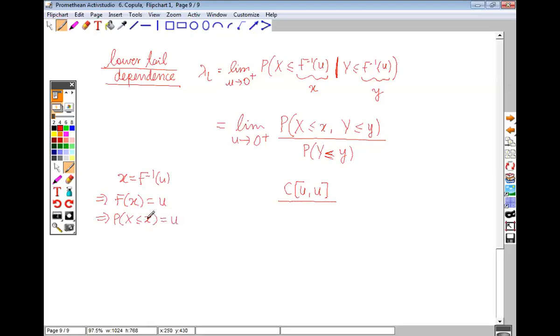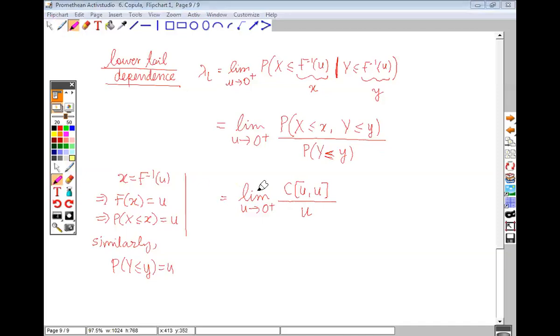And the same is going to be true for y as well. So similarly, I can also write that the probability that my y will be less than or equal to y is just u. So in the denominator here, I would just have a u, and these limits would be as they are. So I have the limit u goes to 0 plus, and that's it.